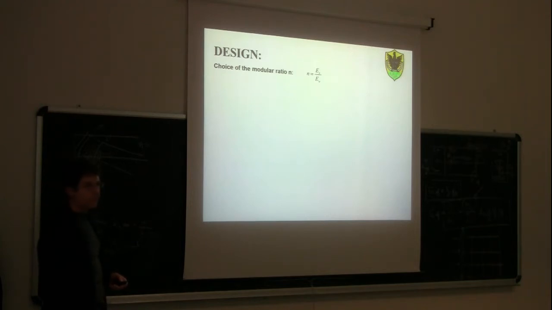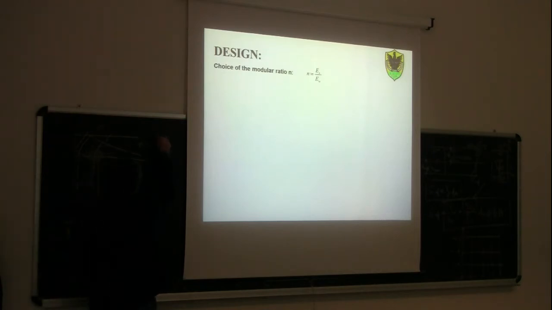Yes, so n equal to ES divided by which E? ES is the modulus of elasticity of the steel, of the rebar, divided by the modulus of elasticity of wood perpendicular to the grain on the beam side.